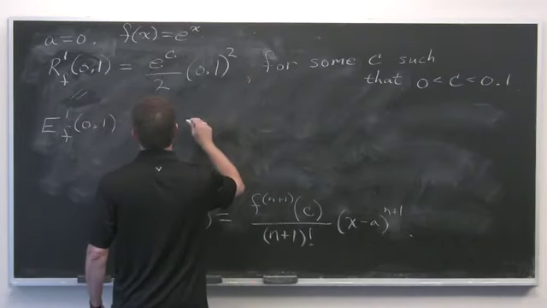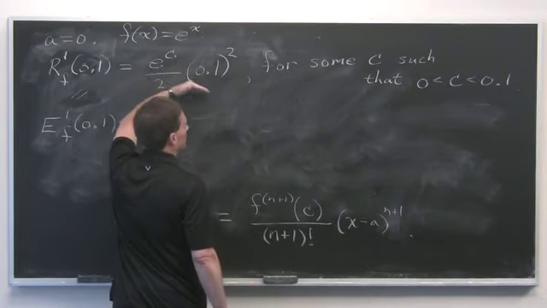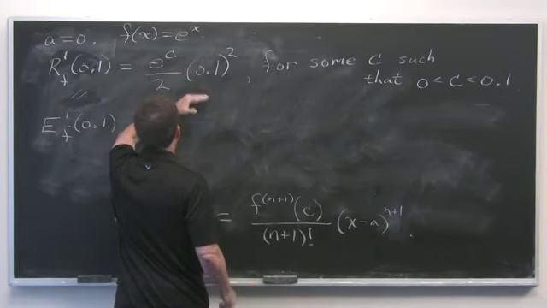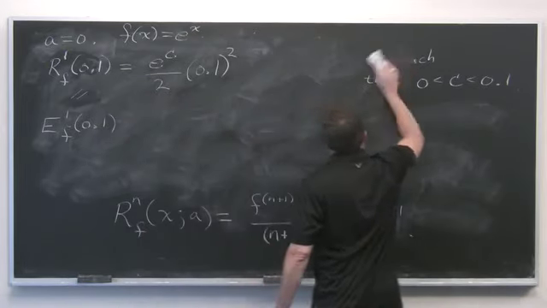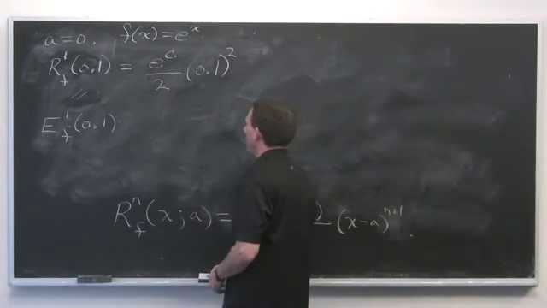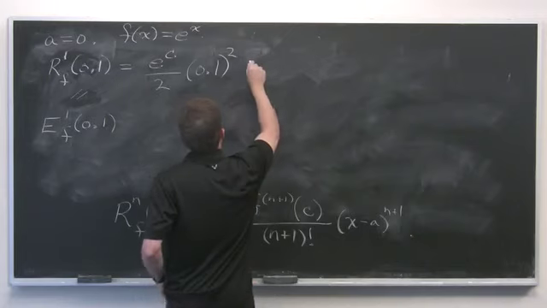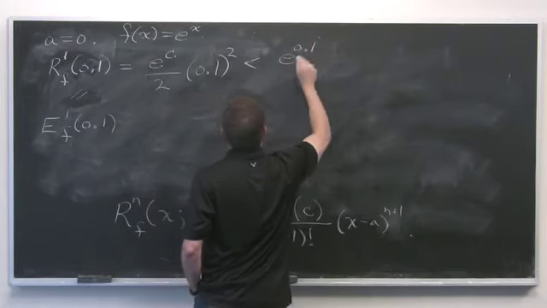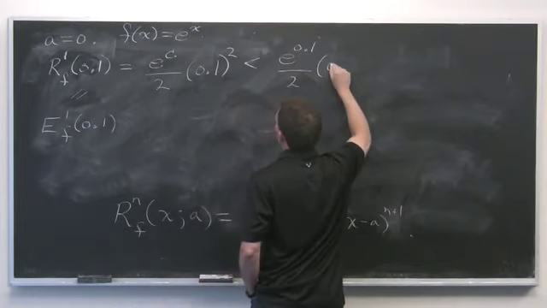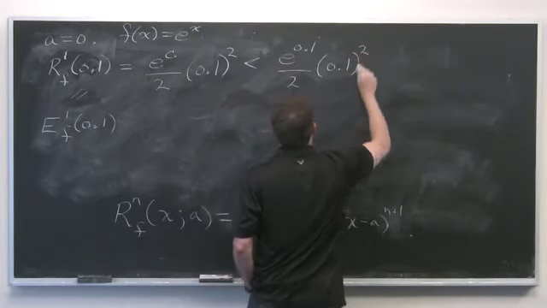But what you try to do is eliminate the reference to c. Yes, this is true for some c between 0 and 0.1, but in fact, since raising e to powers is an increasing function, we know this is less than e to the 0.1 over 2 times 0.1 squared.